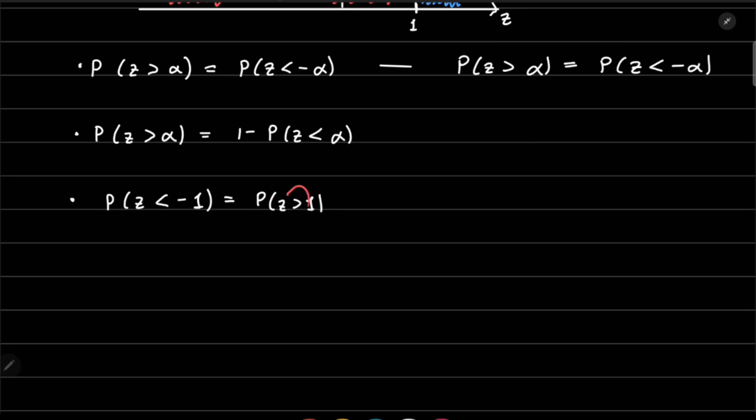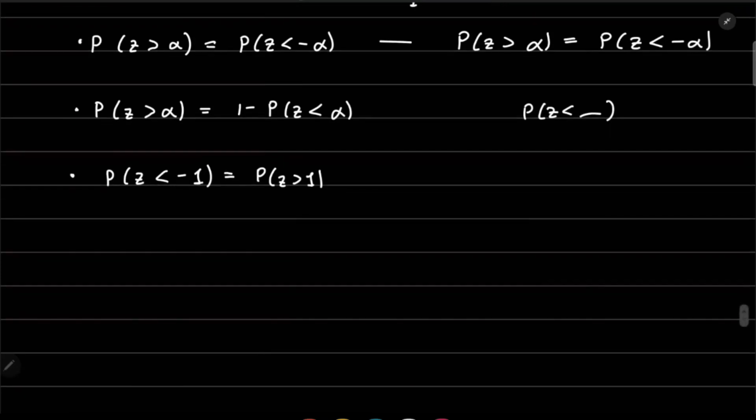We still cannot use the table because the table we are given is for z less than something. So we have to convert that. We already know the second form. Now we have to use this expression to change z greater than 1 into 1 minus the probability of z less than 1.